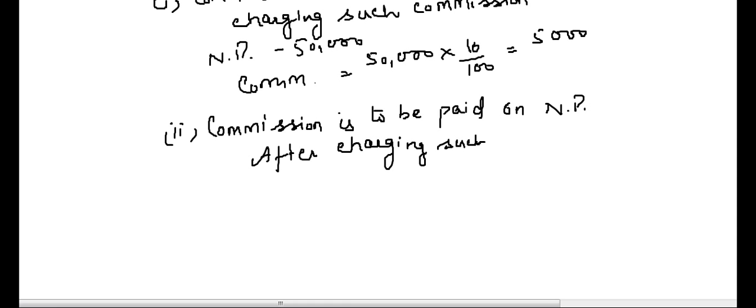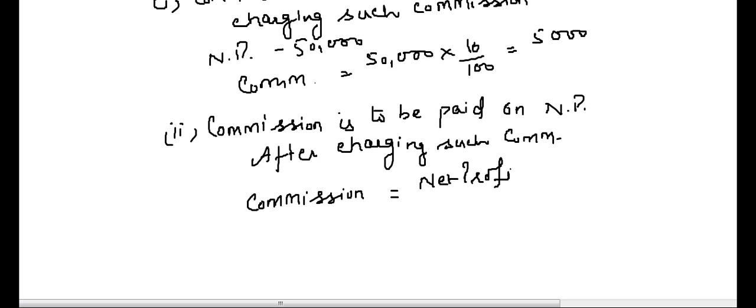Now, how will we calculate the commission? The formula is net profit into rate divided by 100 plus rate.